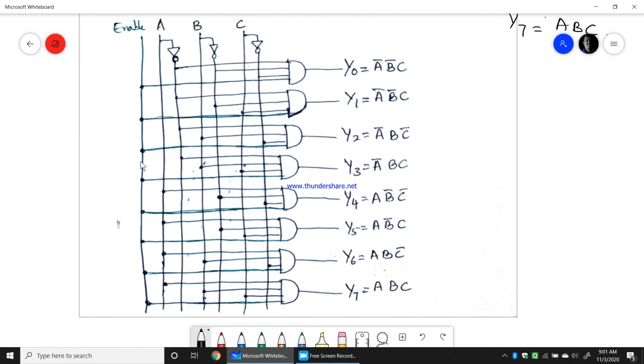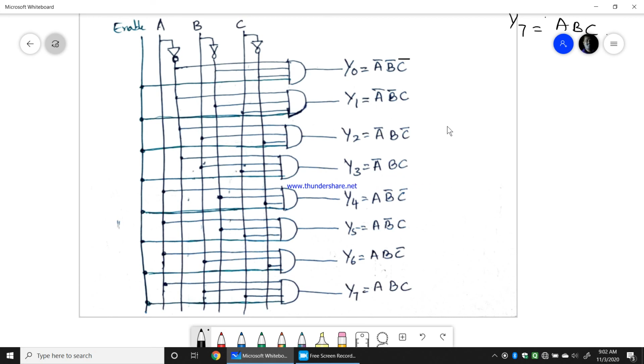See here, the enable pin should be given to each AND gate. So if the enable pin is 0, irrespective of the value of ABC, the output of the AND gate will be 0. So now you will be writing for y0, A bar, B bar, C bar, for y1 A bar, B bar, C, y2 is A bar, B, C bar, y3 is A bar, B, C, and so on.